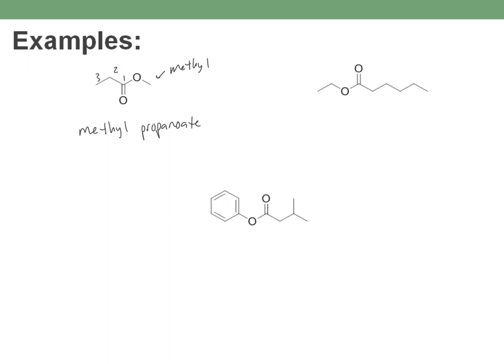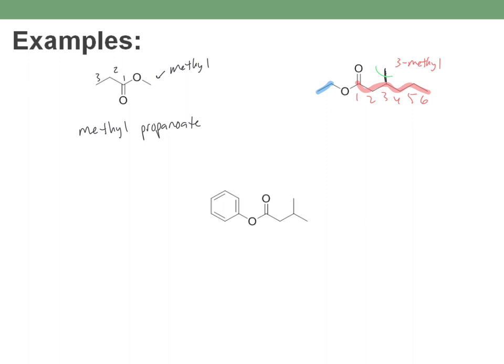I'm going to make this one a little more complicated. Let's say there was a methyl group coming off here. Let's say it wasn't just a straight chain. The rules still apply here, where this is going to be my longest parent. And then I have my thing coming off of the oxygen. Then you just go ahead and name the substituents like you would normally. So here I have a methyl group coming off. If I look at this as carbons 1, 2, 3, 4, 5, and 6, I have a methyl group coming off of my carbon 3, so that'd be a 3-methyl. And if I want to name this whole ester, I just start with the beginning.